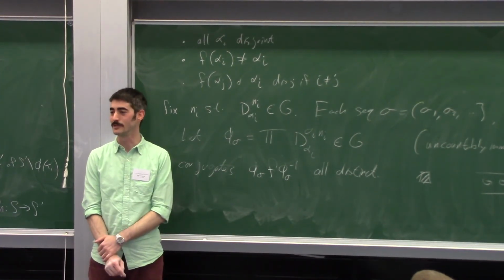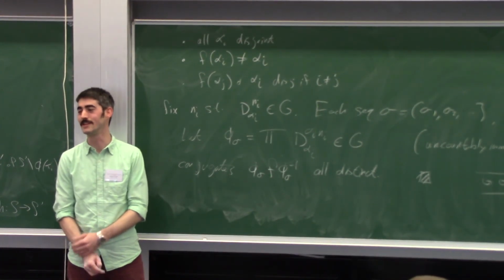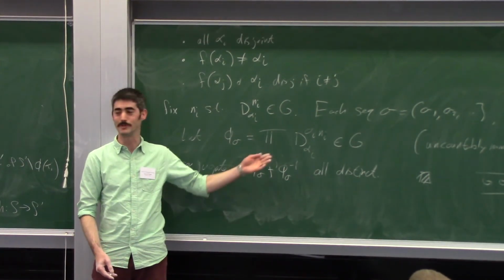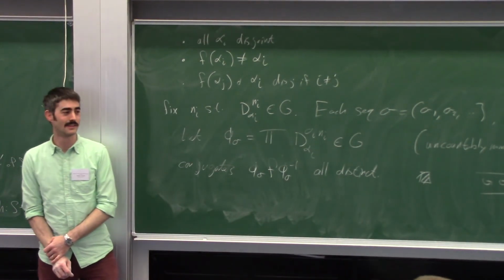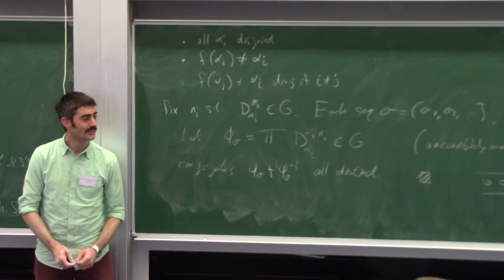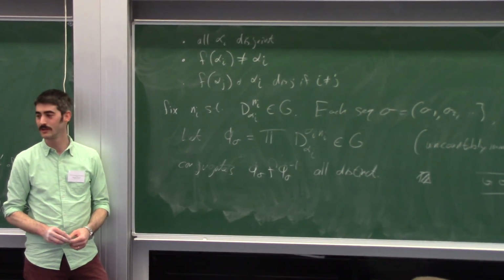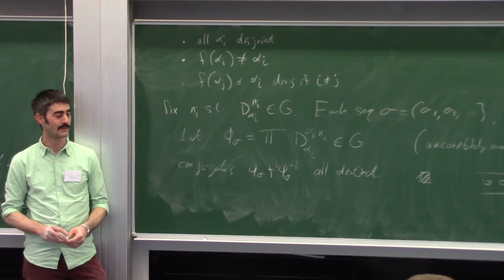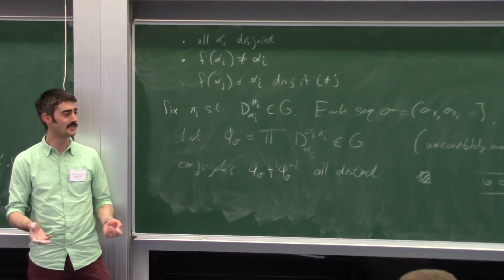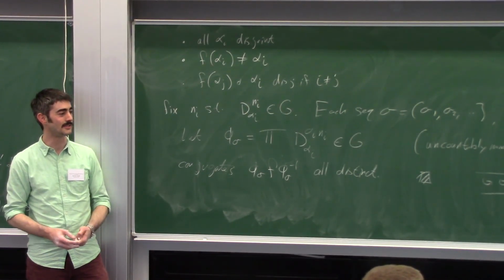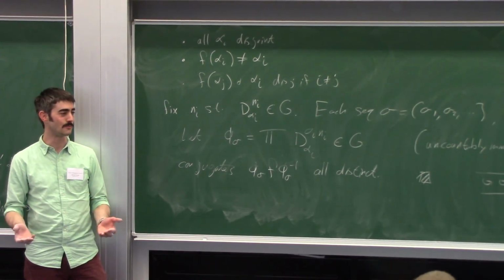There's the same power that works for all the curves. It's clear it's a mapping class; the question is why it's in G. G is a finite index subgroup. Raise it to a power, so it's in G.